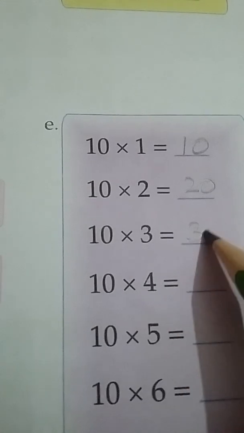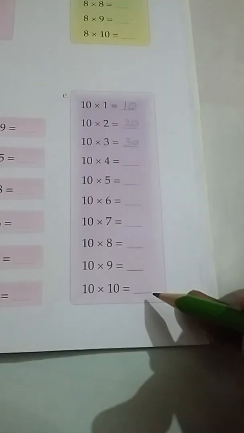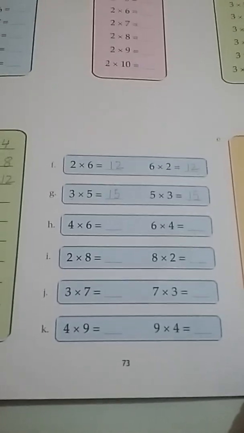Then the multiplication table of 10: 10 ones are 10, 10 2s are 20, 10 3s are 30, and complete all these. And now, same as we have done in our previous exercise, page number 73, same here.